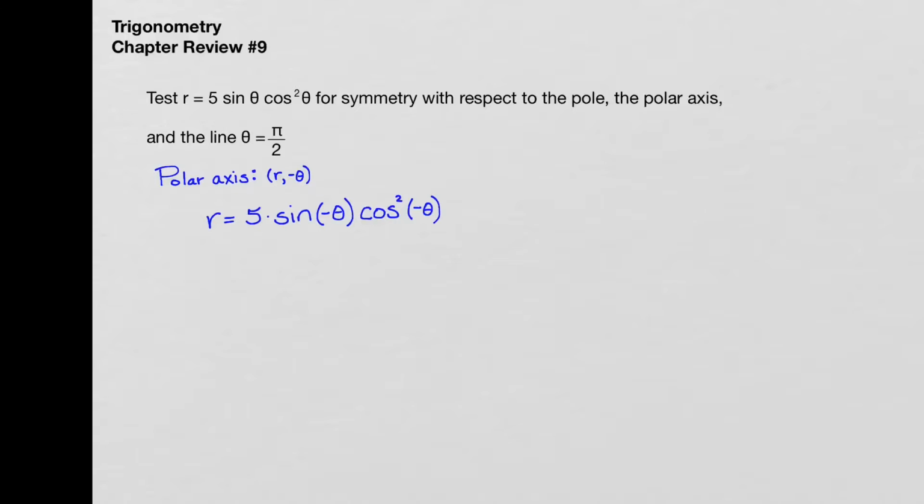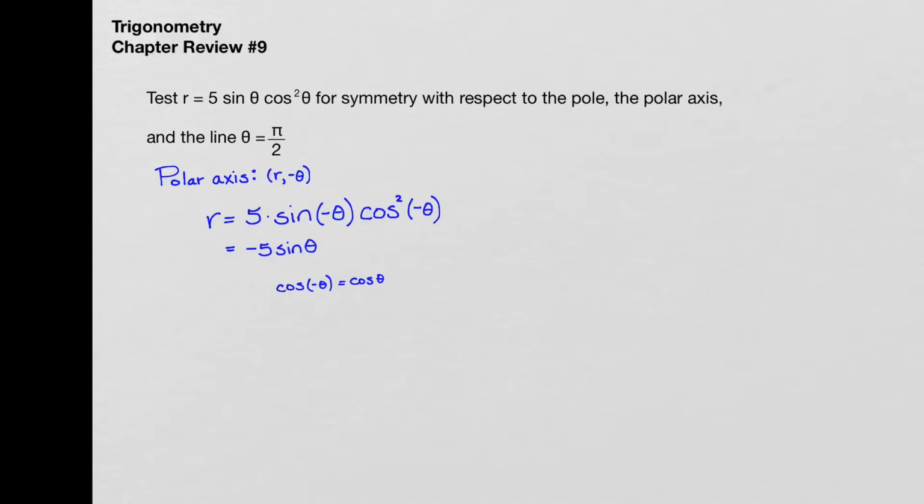I can take the negative out of the sine of negative theta, because I know sine of negative theta is equal to the negative sine of theta. Remember that sine is an odd function. We learned that a few chapters ago. But how about cosine squared of negative theta? Well, I know cosine is an even function, which means that the cosine of negative theta is simply equal to the cosine of theta.